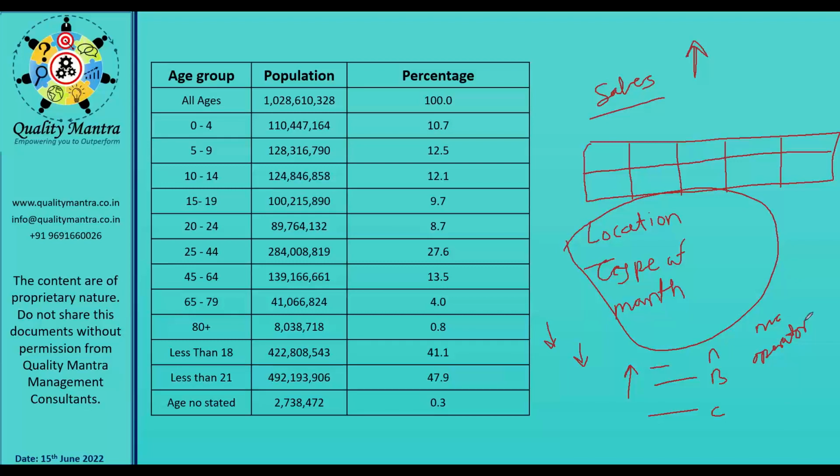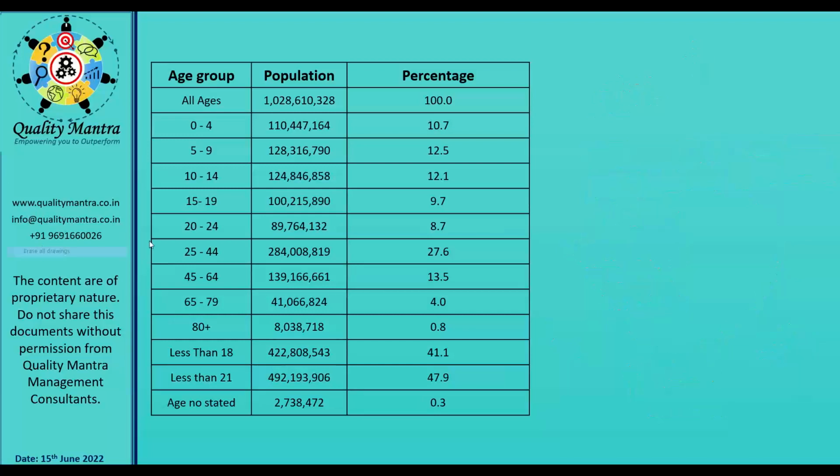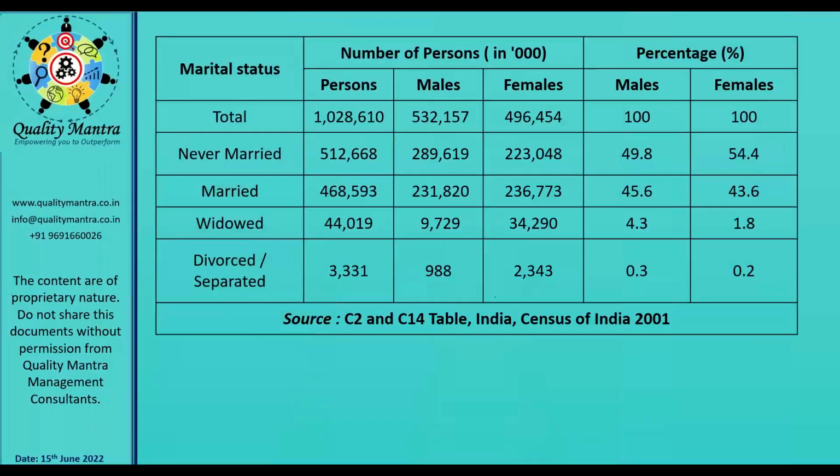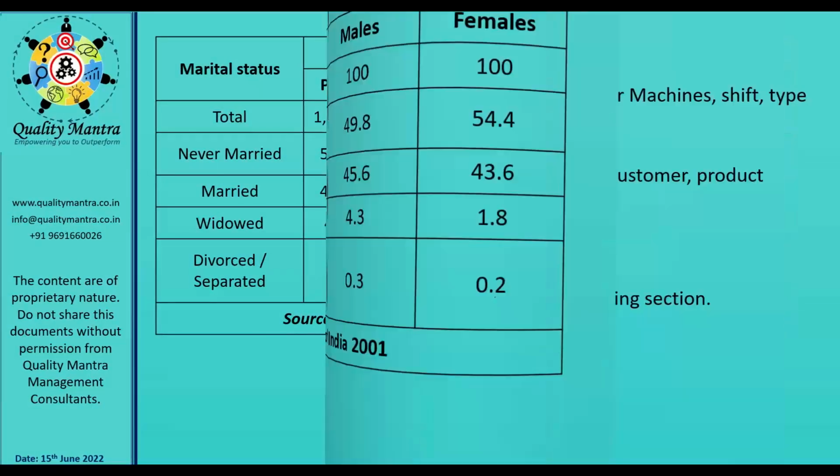Do they lack some skill, do they lack some facility, can we help them to improve their productivity? So all these steps you can take only when you know this data. So that is the purpose of stratification. This is one of the data.